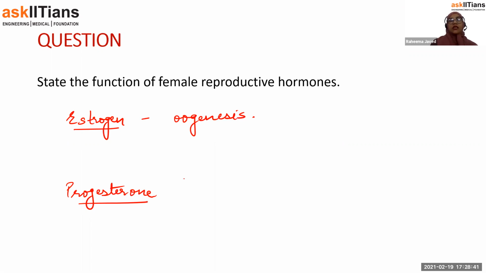Like I said, without estrogen in the blood, the production of mature eggs cannot take place. Progesterone is the pregnancy hormone, and it helps in the development of embryo inside the uterus, and without this it is not possible. So short and simple.